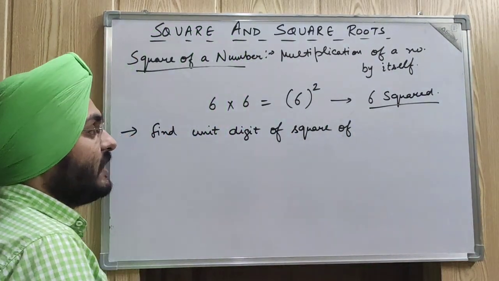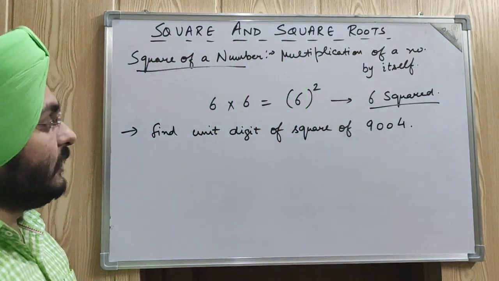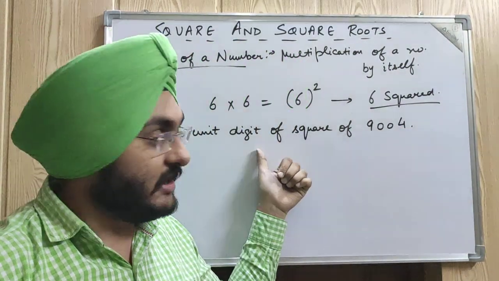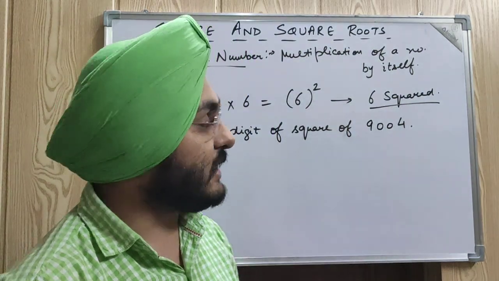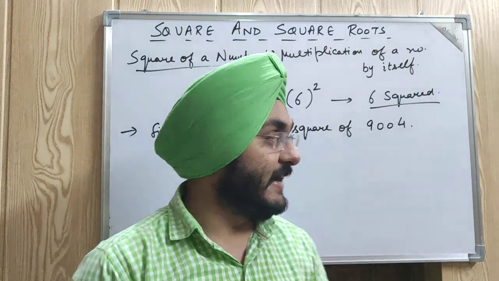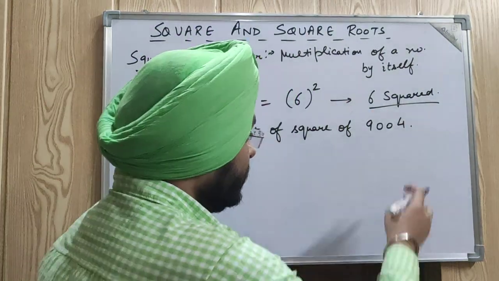Now coming to the next thing: find the unit digit of the square of, suppose, 9004. In these types of questions, there is no need to find the square of the whole number. You can simply take the square of the unit digit.